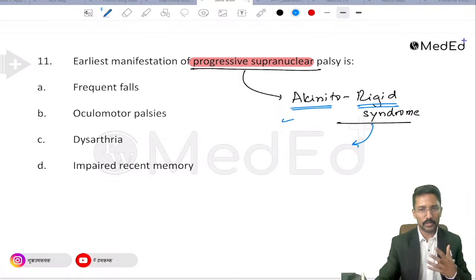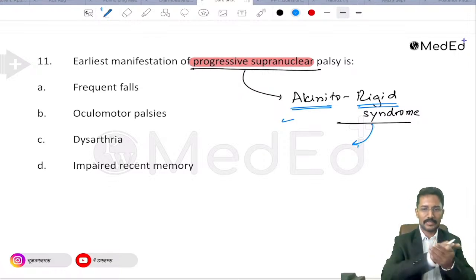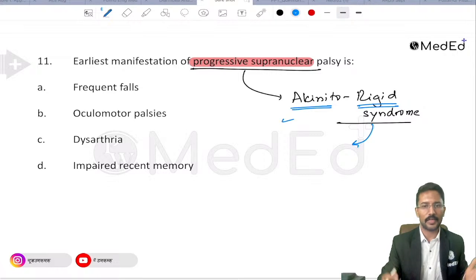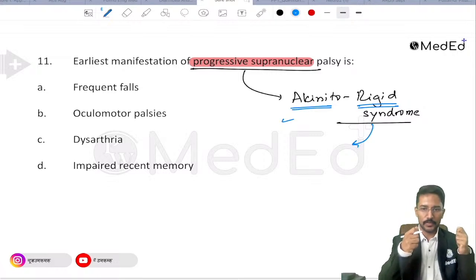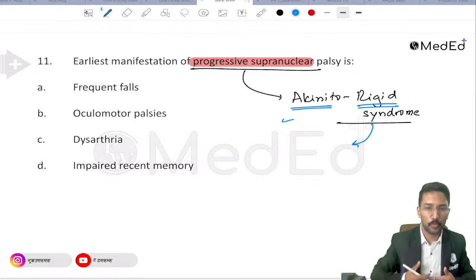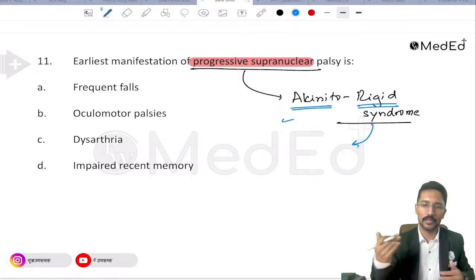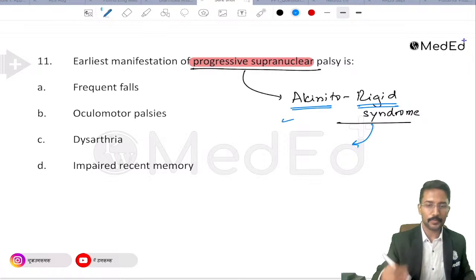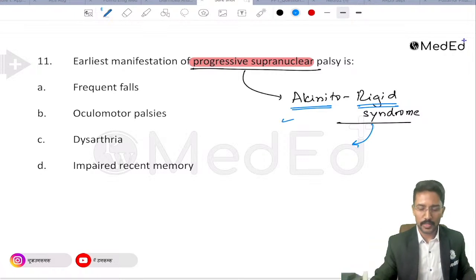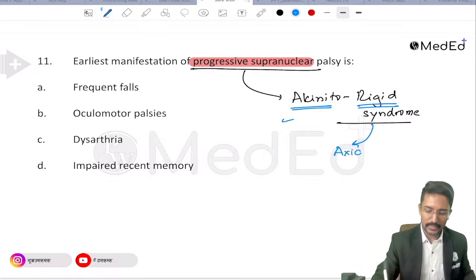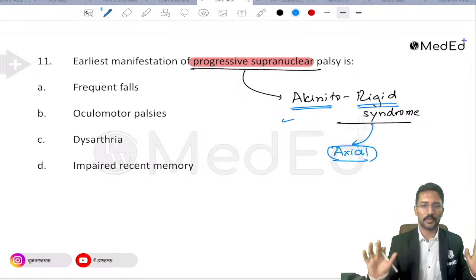When I spoke about Parkinson's rigidity, I told you axial and extraaxial are both affected. That is why you have cogwheel rigidity of the limbs, and you also have that stooped posture because of increased axial anterior muscle tone. In progressive supranuclear palsy, it is mainly axial. Extraaxial are not affected. The limbs are not affected much.